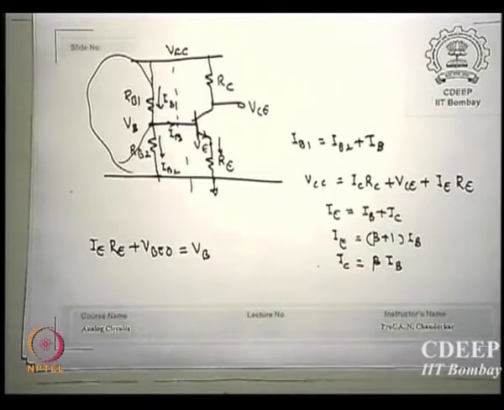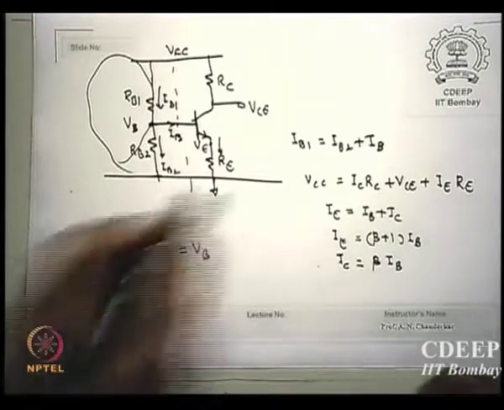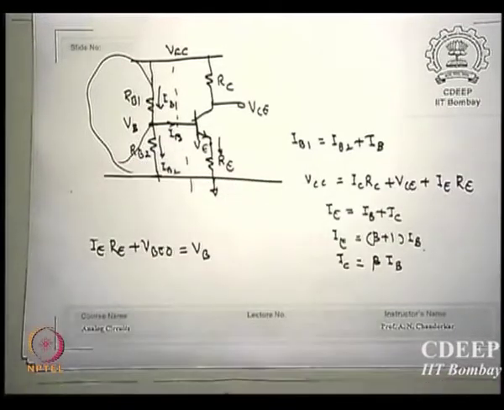But there is a simplified method I can give you, which is called the alternate method. Instead of even doing this, if you say your beta is very high, how high? Say 100 plus, 200, 150, at least 100 or above. How much typical IC can you get? Let us say VCC is 5 volts.